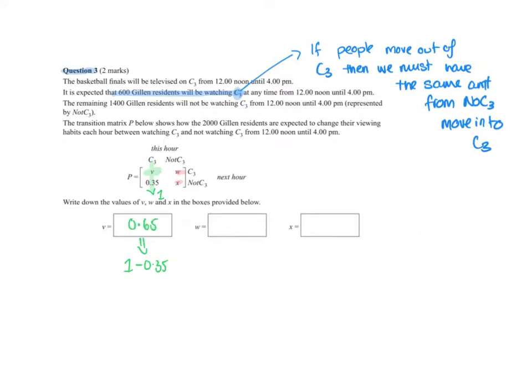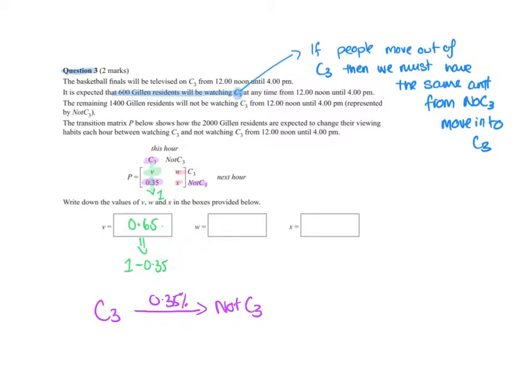So I found that. So what I want to work with is probably what they have given me. They gave me this one here, which was from C3 to not C3. So when I went from C3 to not C3, it was 0.35.